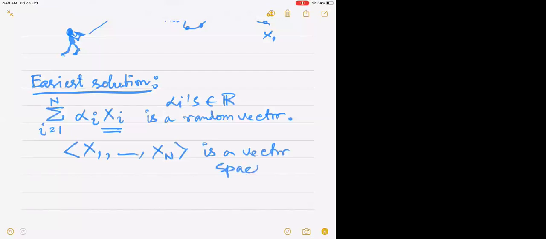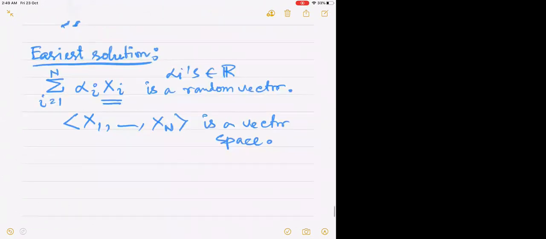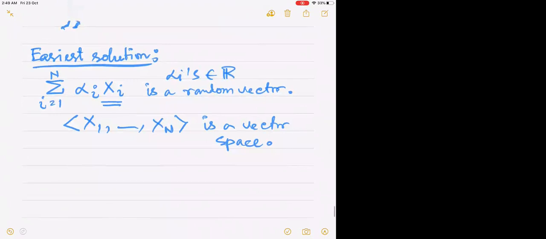We are learning linear algebra, so there should be some benefit of learning linear algebra, and that is the fact that this is a vector space. Not just that, this vector space is also an inner product space. Why is it an inner product space?